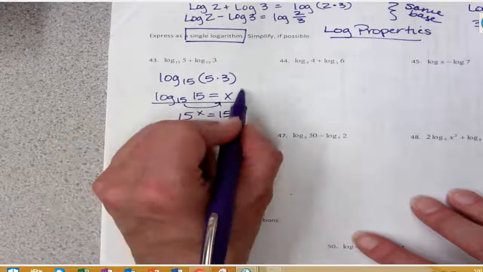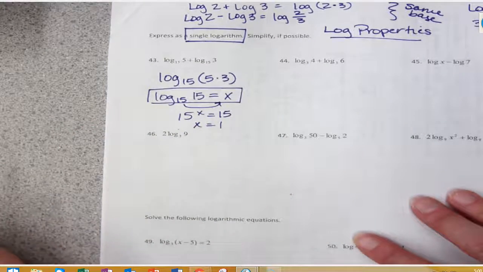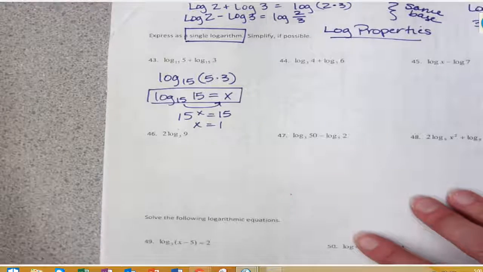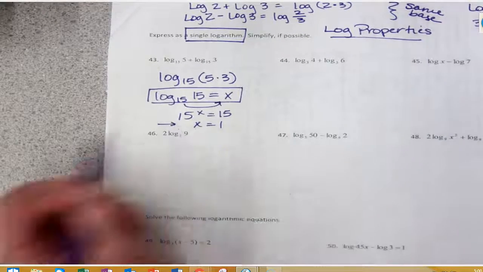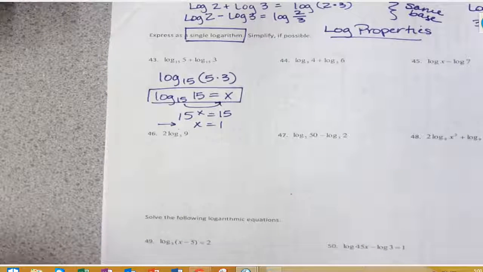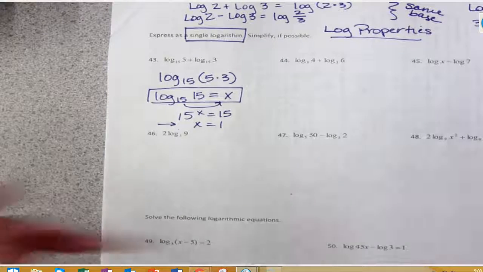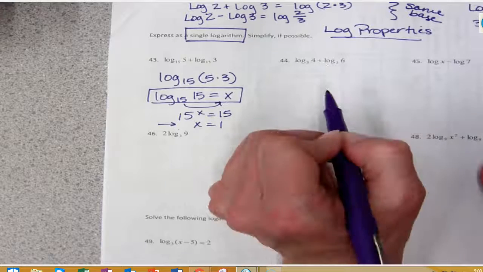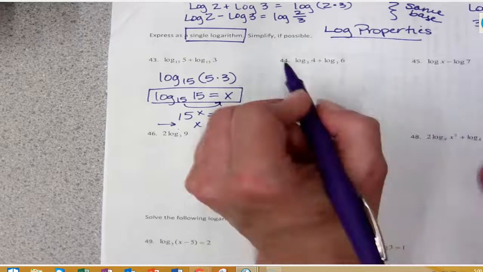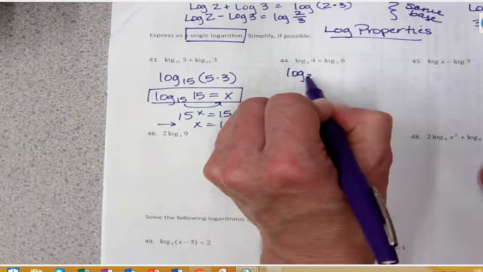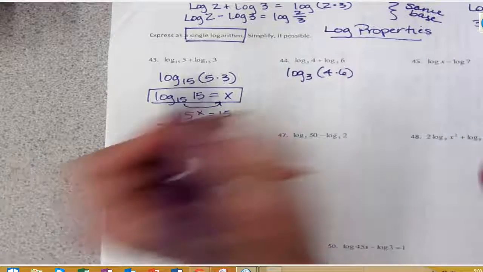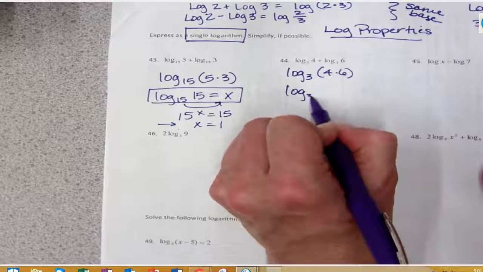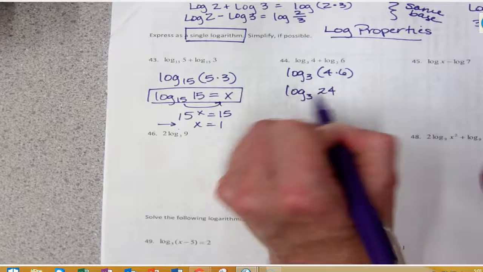Now, this is fine because it just says express it as a single logarithm. That's actually the answer. But if you wanted to go ahead and solve it because you know the answer, that's it. All right. Same here. You're going to multiply. This is going to be your log base 3, 4 times 6. So your answer is going to be log base 3 of 24.